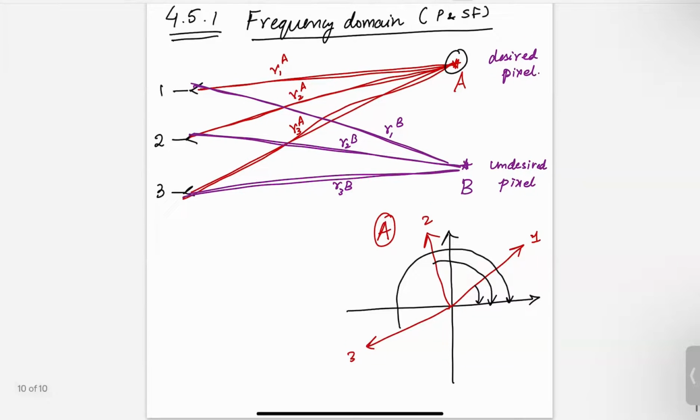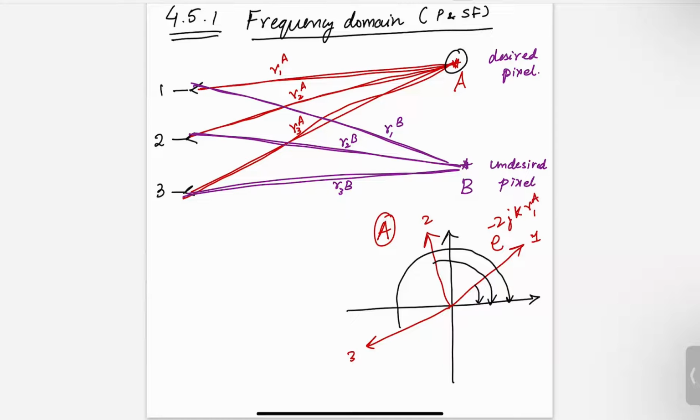We know that the two-way distance was R1A, and the phase that the first element sees for that pixel was e to the minus j, or let's say R1A is the one-way distance for simplicity, that would be minus 2jkR1A.